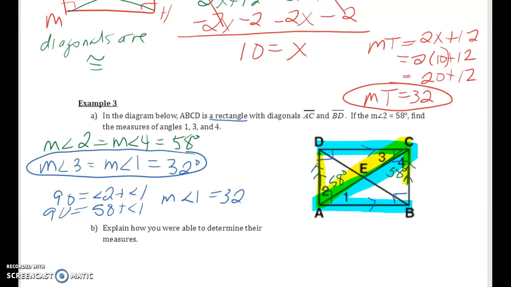So the last piece of the question says to explain, which means we need to write words and use geometric vocabulary on how we determined the angle measures.